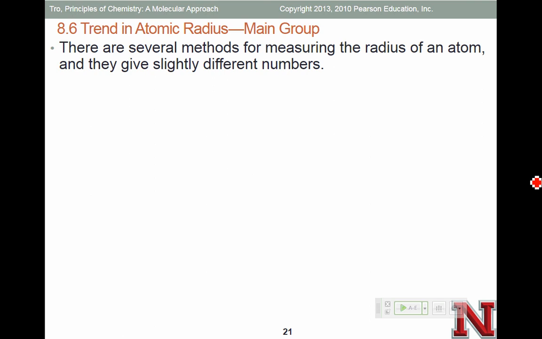So first we're going to start with atomic radius. Before we really talk about that, we have to know how atomic radius is generally described. Otherwise, we can't really talk about it. So there are several methods, and they might give slightly different numbers, but as long as you're using the same method, you can follow trends.